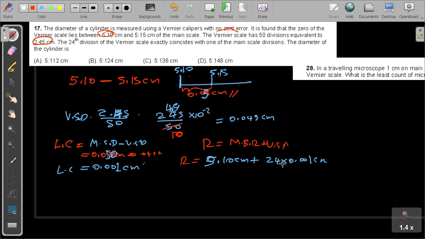That is 5.10 centimeter plus 0.024 centimeter. The answer is 5.124 centimeter. Got it?